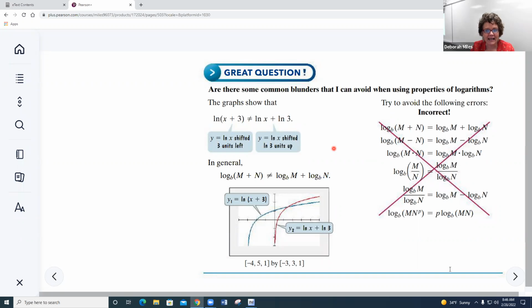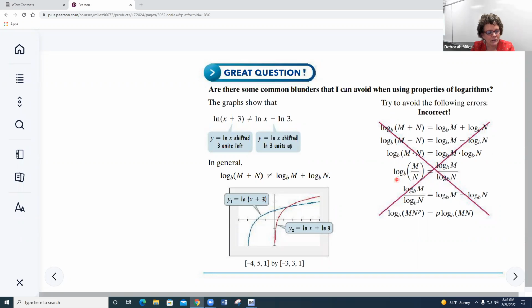All of these in the right-hand column are common mistakes. I have folks distribute a log through a sum. I have folks distribute a log through a difference. I have folks take the log of a product and write it as the product of 2 logs. Log of a product is a sum of 2 logs. That would have to be a plus right there.